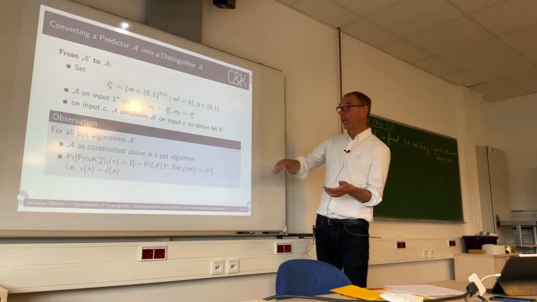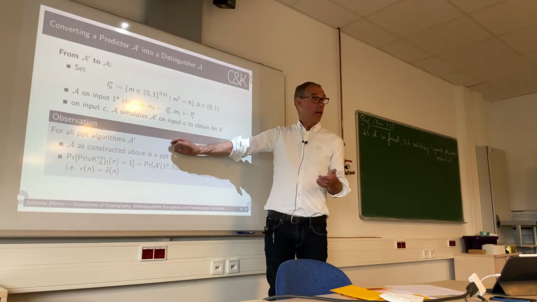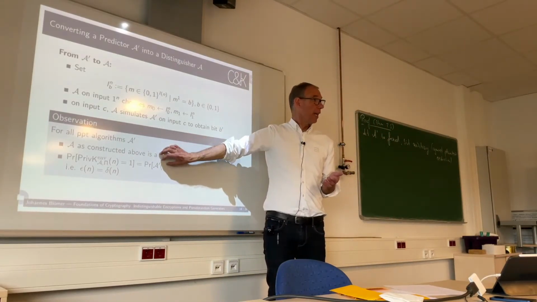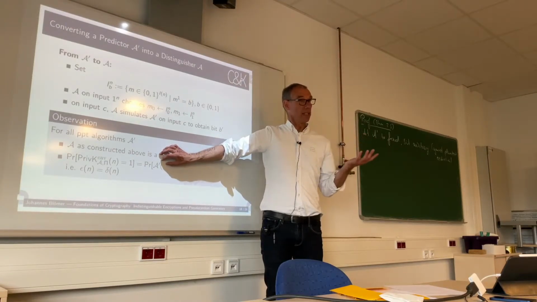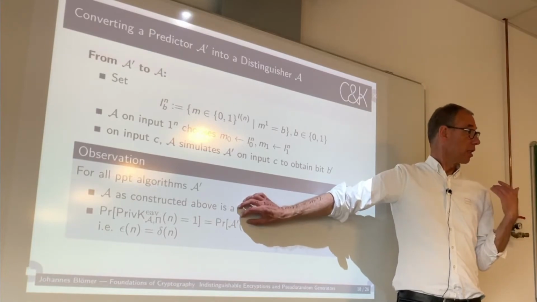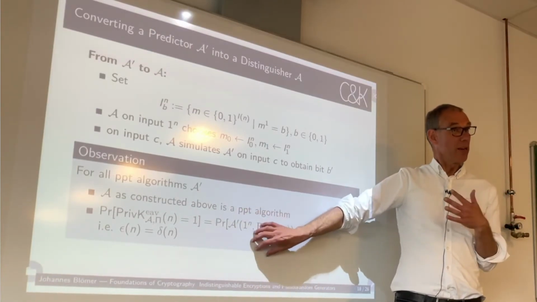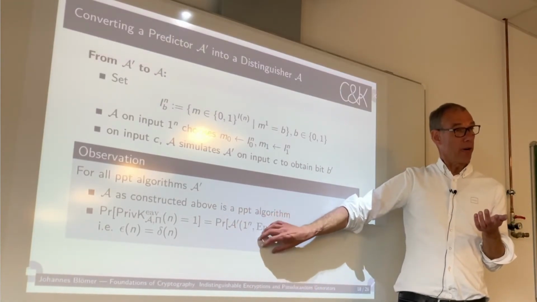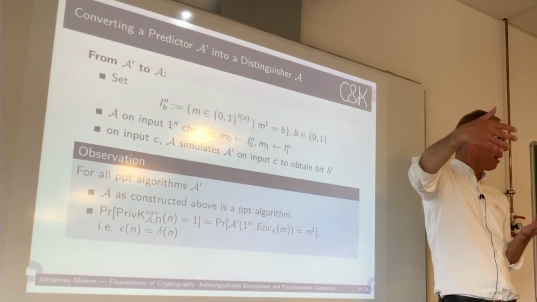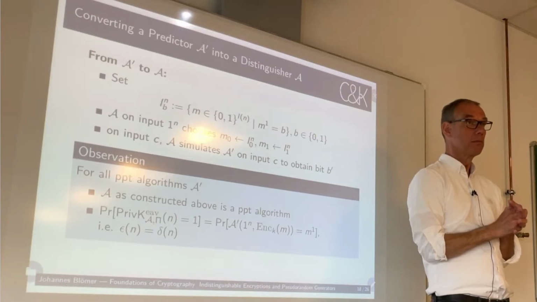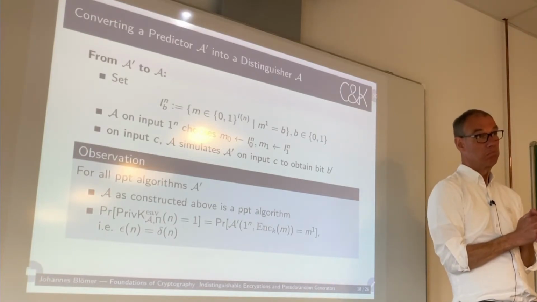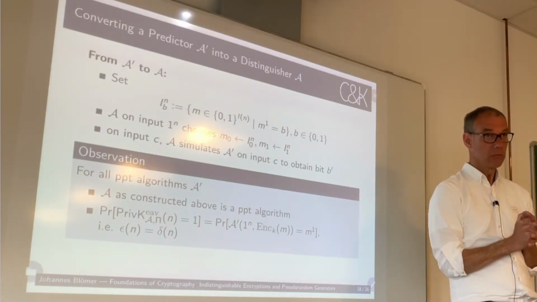Because then I know that for any A prime, this constructed A is a PPT. Its advantage in the eavesdropping game is negligible. But that's also the advantage of A prime, namely epsilon n, in the prediction game. So that is also negligible, and I'm done.